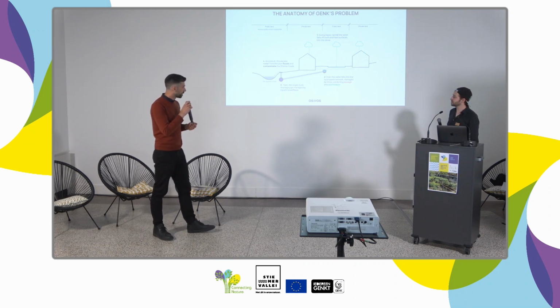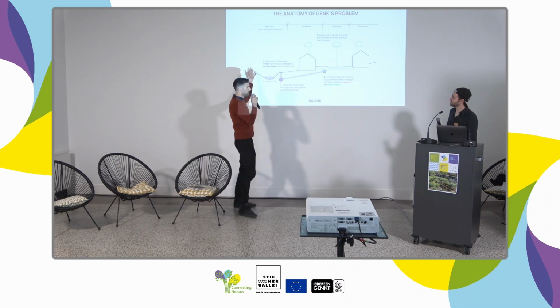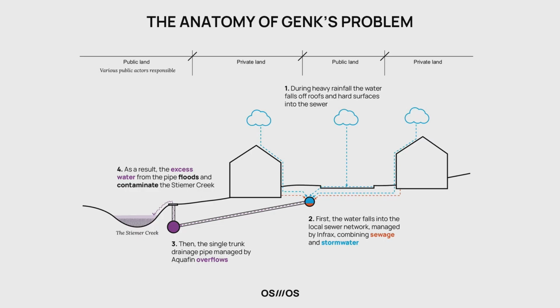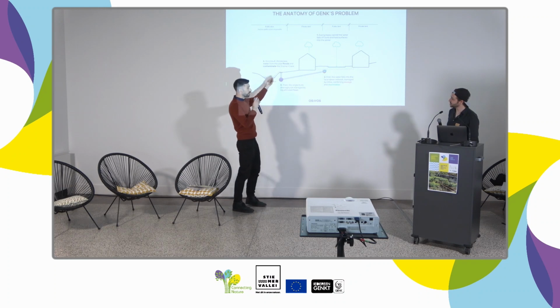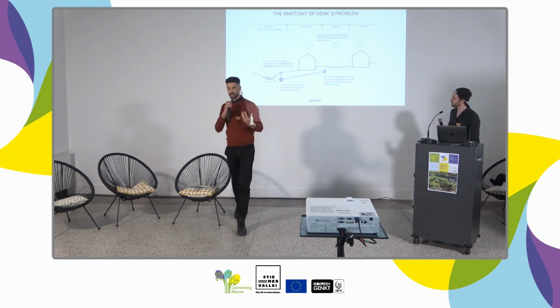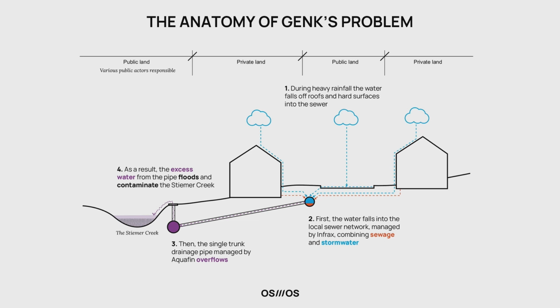Right now, a lot of the water comes from the housing, which has been growing over the last 100 years, collects because of the hardening of surfaces, and because stormwater and sewage is combined into the same pipes, the water, when it rains, hits the arterial drainage system and essentially flows into the Stiemerbeek, into the creek, which radically reduces the quality of the water.